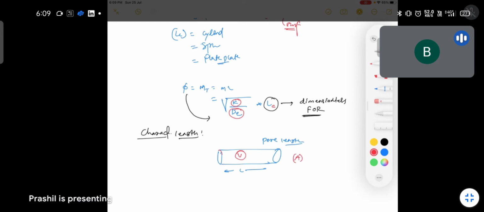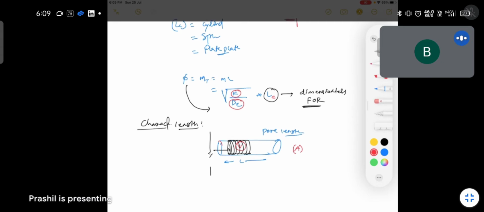Air flows over the surface, diffuses inside and reacts over the surface. So your characteristic length LC is the volume divided by the surface area available for reaction.